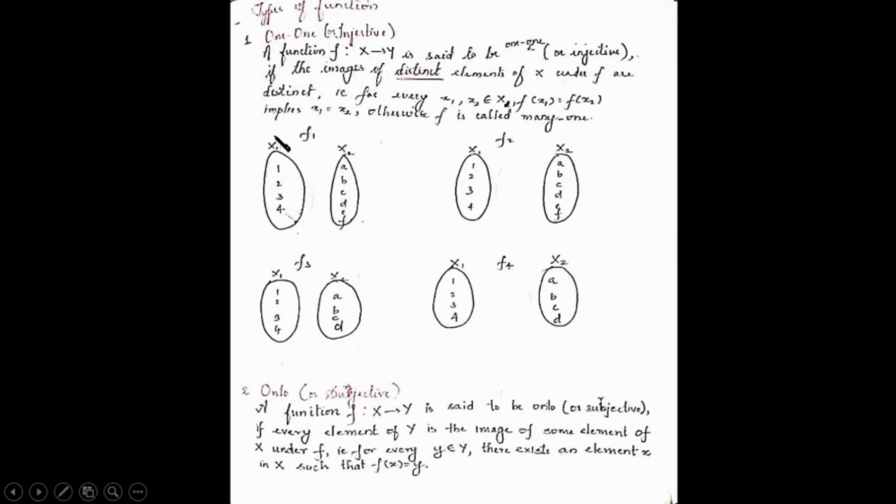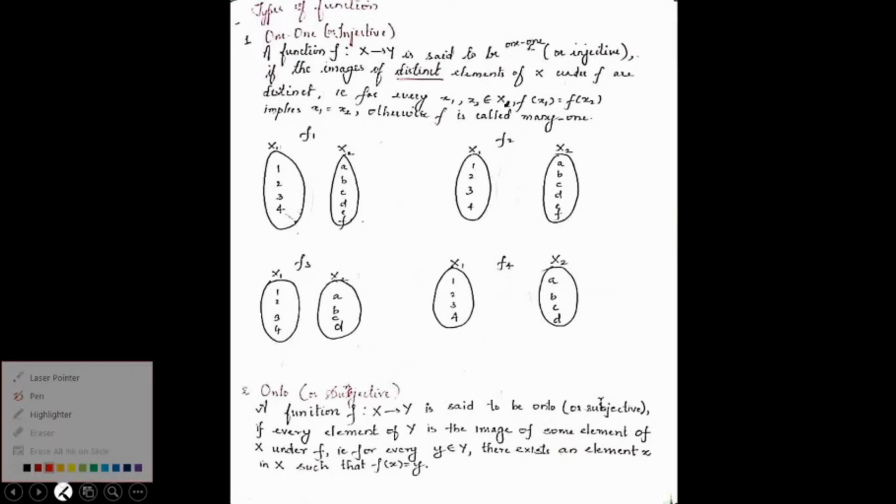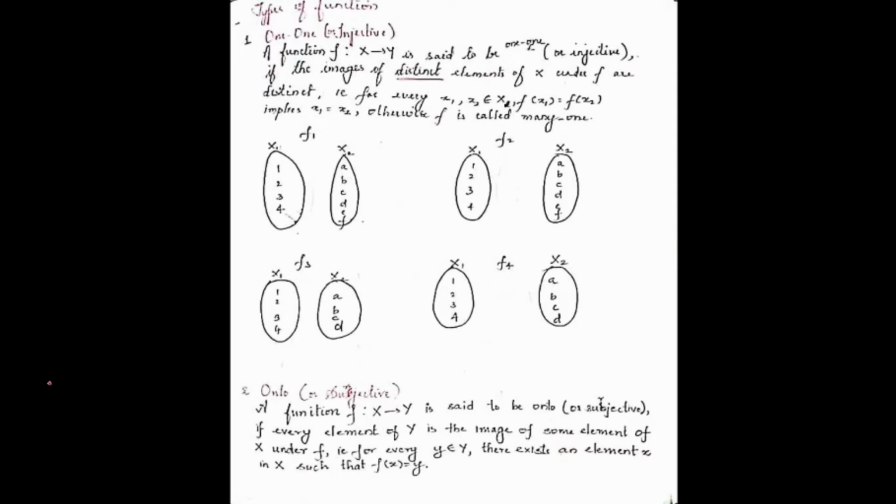Merely reading out the definition, no one will understand. I'll first work out the example, then you'll understand more how the definition works. Okay. I'll just show one relation and then I'll relate it to the definition. Here 1 goes to a, then 2 goes to c, 3 to b, 4 to d.